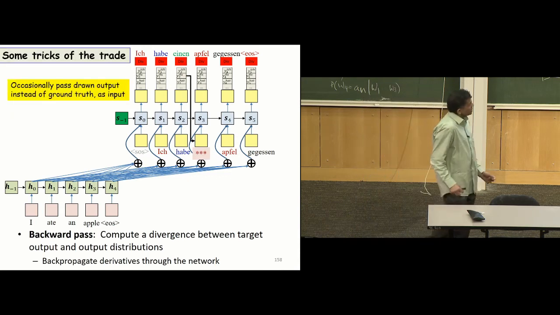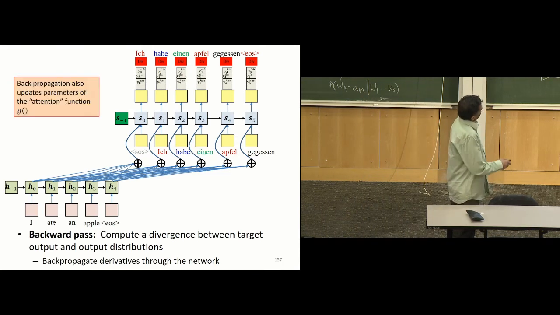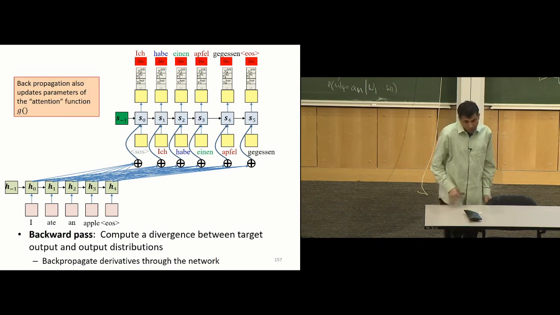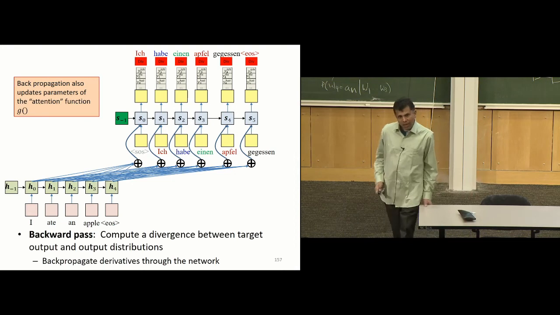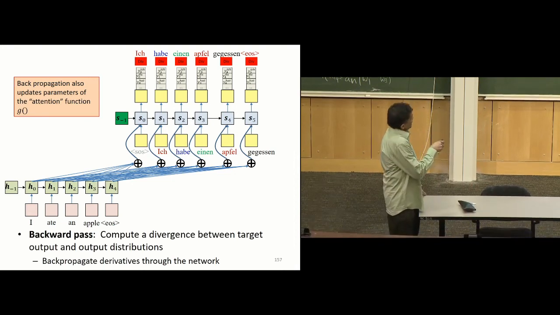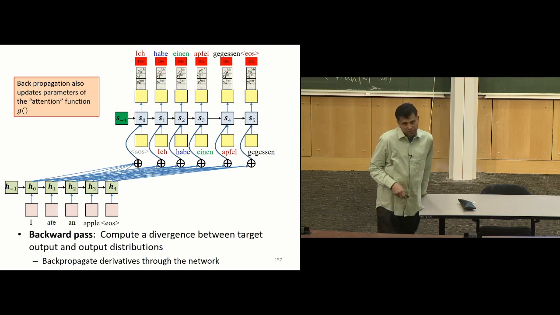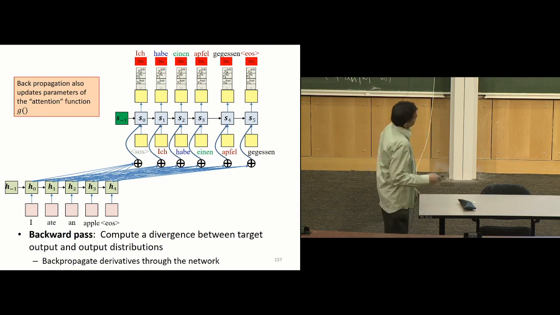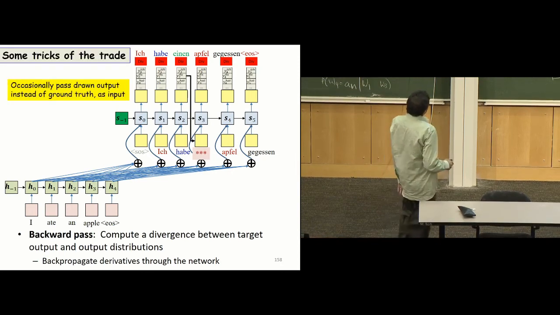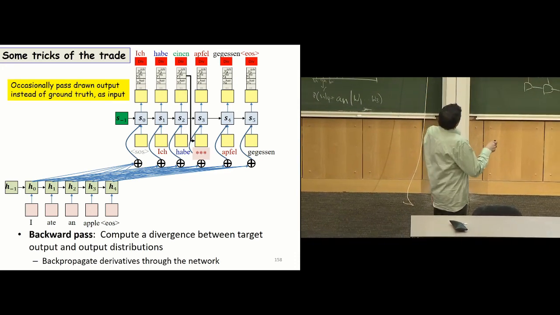Now, there are some tricks of the trade. What this figure shows is that in the forward pass of training, the decoder gets the actual output word sequence as inputs. You can change that, and some fraction of the time you can pass the drawn words as the input.